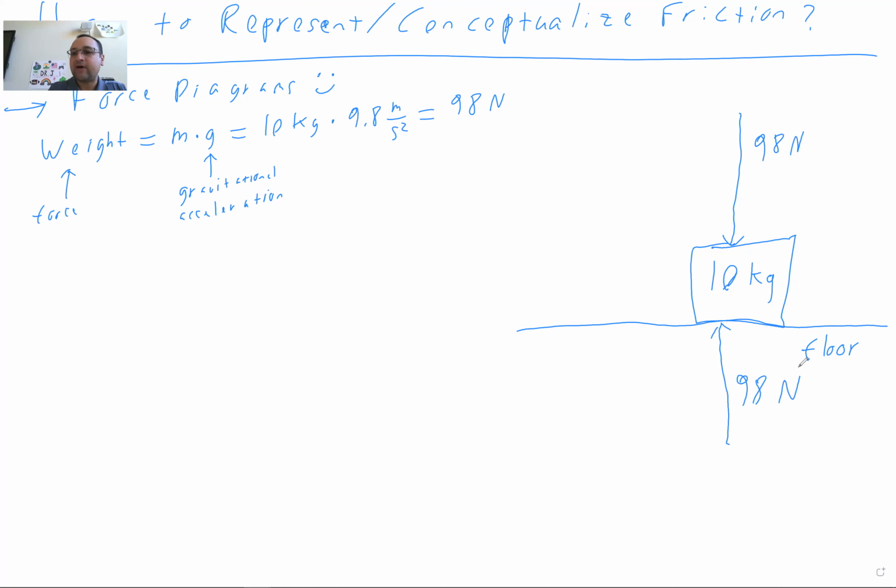All right. Now, if I decide that I want to pull this box, and I shouldn't draw the arrow that big, with 50 newtons, okay, I'm pulling to the left. Friction can oppose me, and friction might oppose me by applying 20 newtons of force going the other direction.